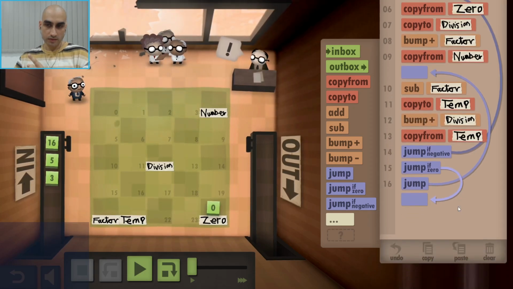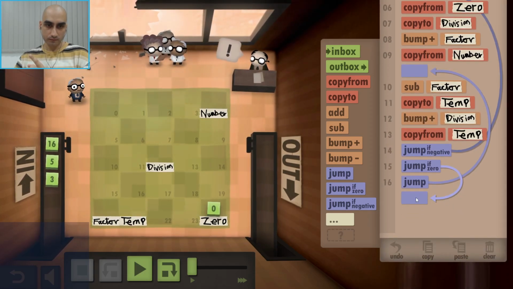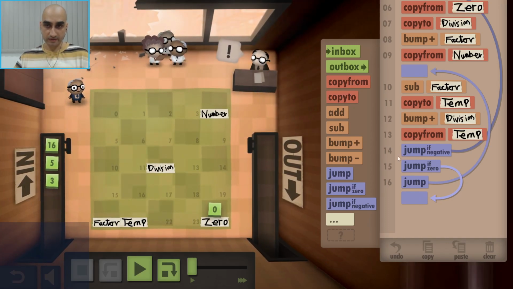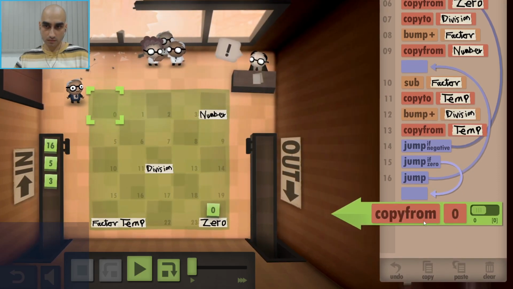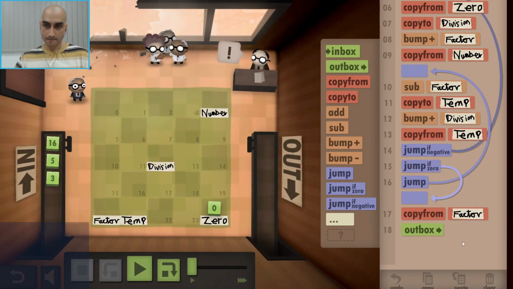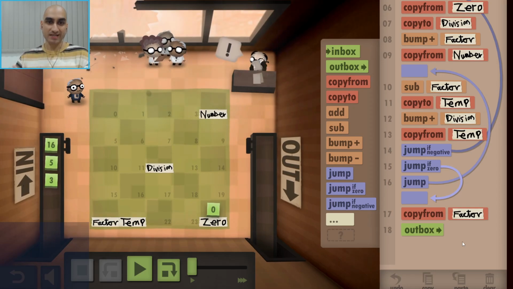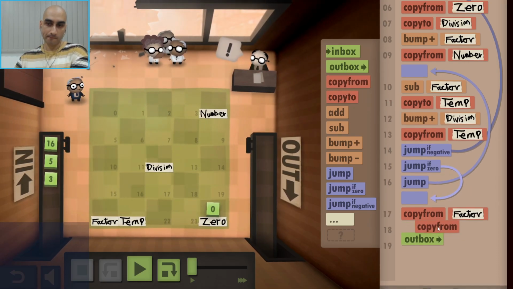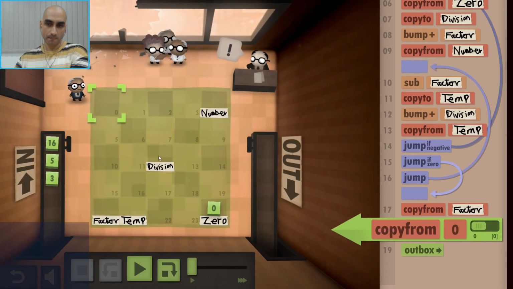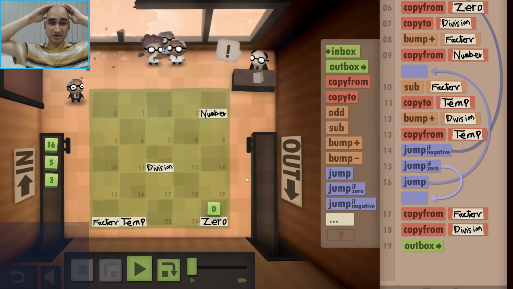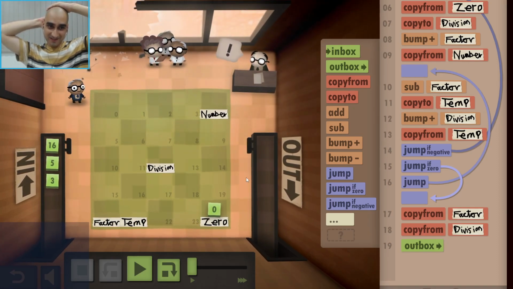Okay. So we output the factor. That is the prime factor. And now we replace number with the division, because we've now divided out that factor fully. I feel like someone who hasn't done at least a bit of number theory and mathematics would really struggle with this.